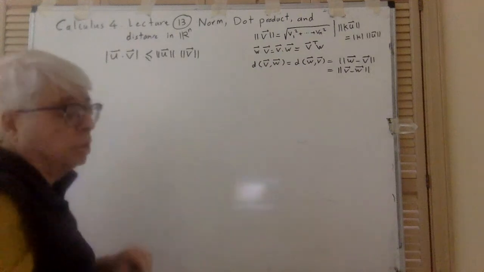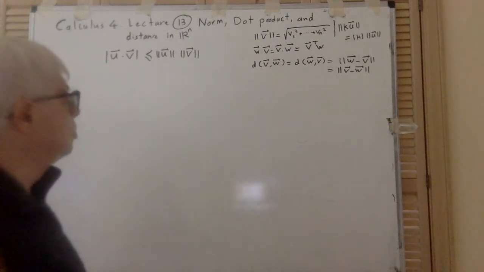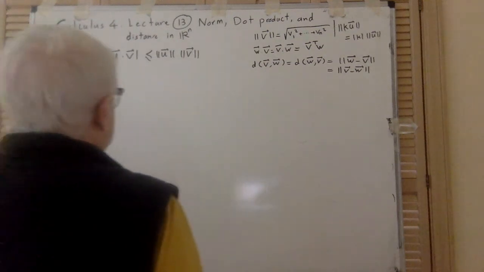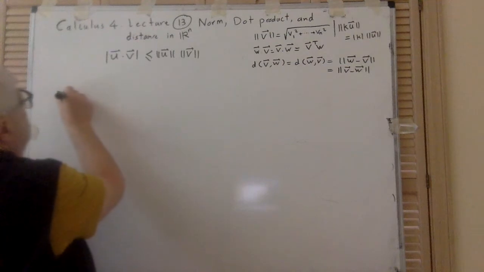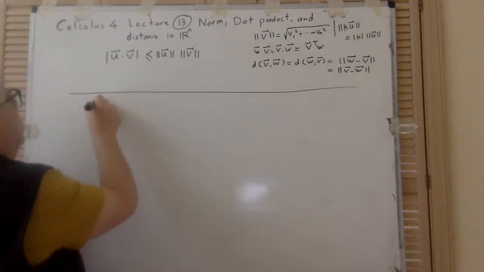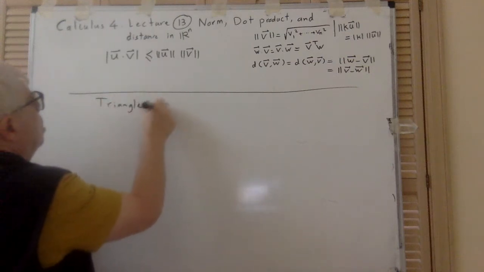And this is a number, and the absolute value of that number is less than or equal to these two. Now, there are two other inequalities which I call triangle inequalities.